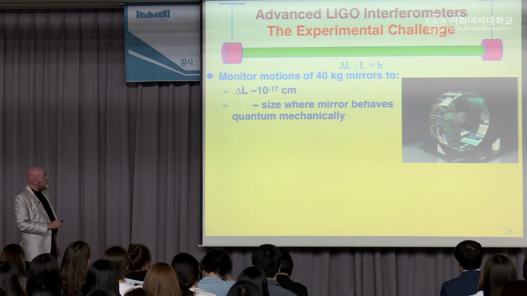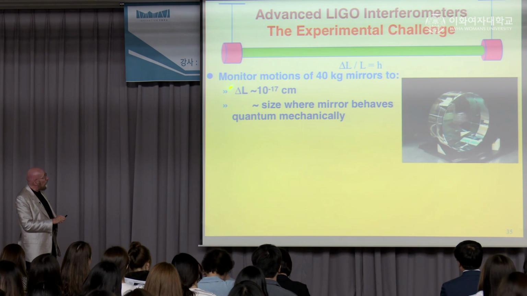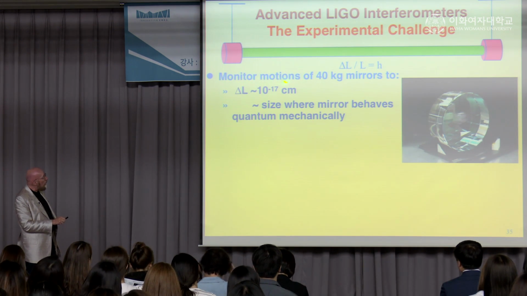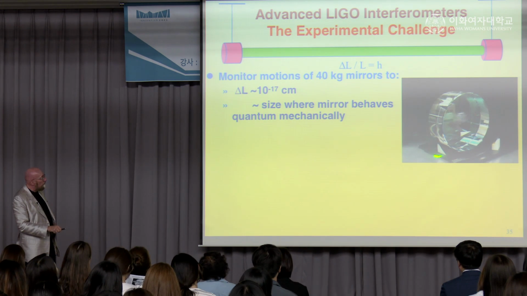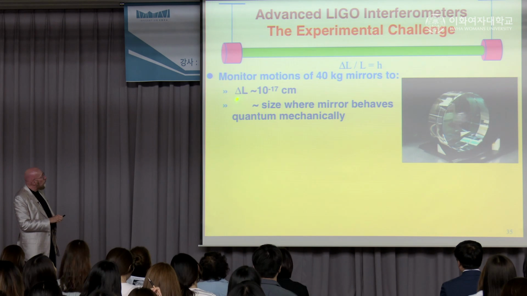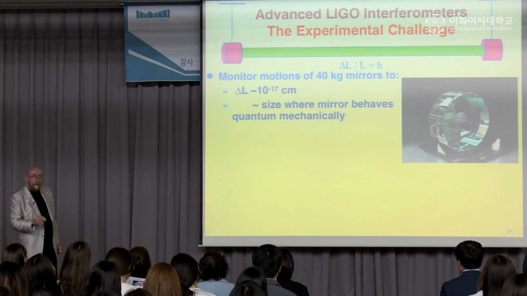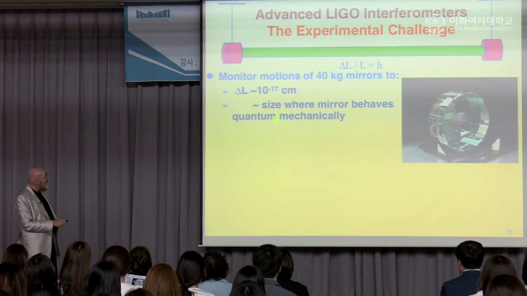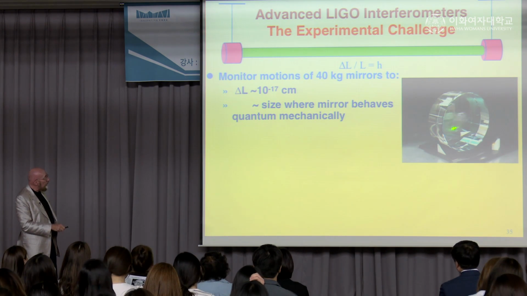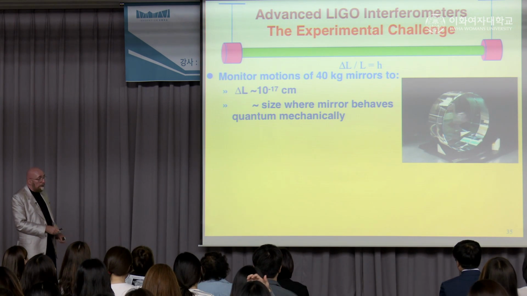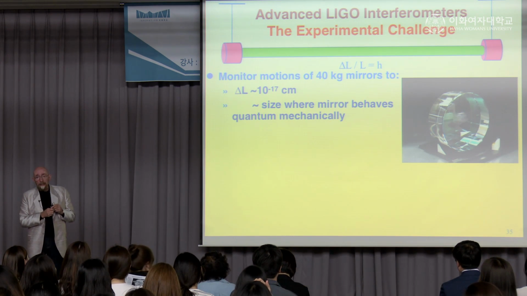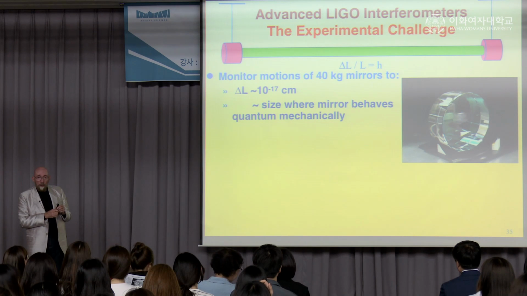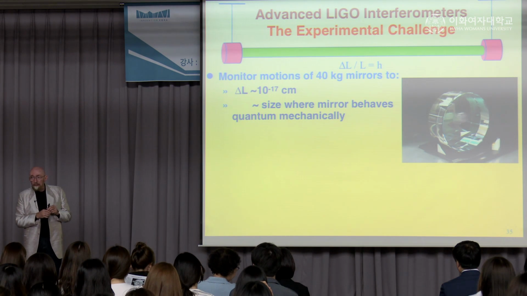The technology is very interesting because in advanced LIGO, we are monitoring the motion of a 40-kilogram mirror to a precision of 10 to the minus 17 centimeters. That's 10 times better than the numbers I went through with you. That is the level where the center of mass of this mirror behaves quantum mechanically. It's no longer governed by classical physics.